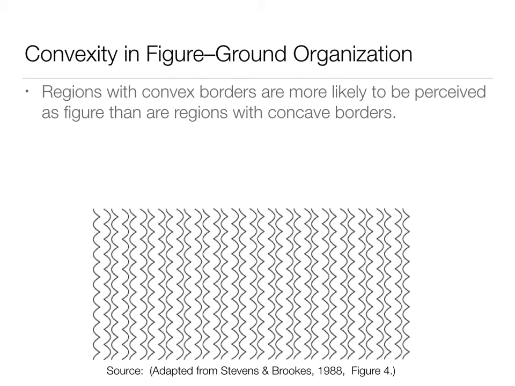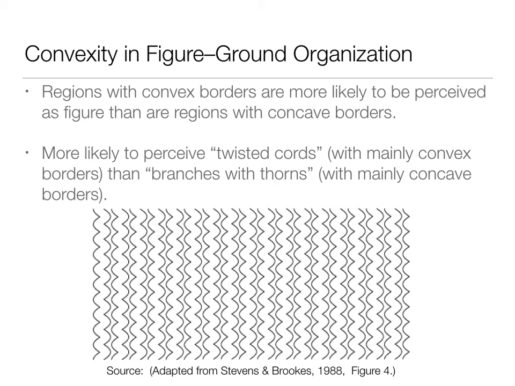The next one we have is that regions with convex borders are more likely to be perceived as the figure than ones with concave borders. So in this image here, you're more likely to see twisty ropes than you are to see branches with thorns. When I first looked at this image, I was like, branches with thorns? What are you talking about? Because for me, those convex borders were so strong that I had to really focus on that space in between those twisty cords to see the branches with thorns.